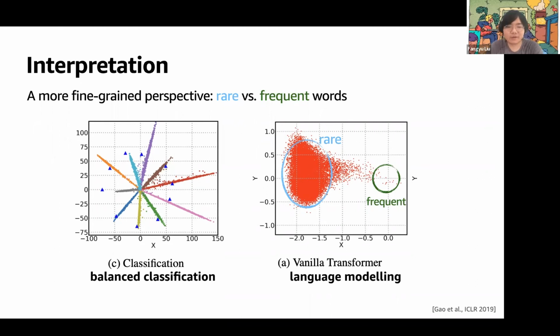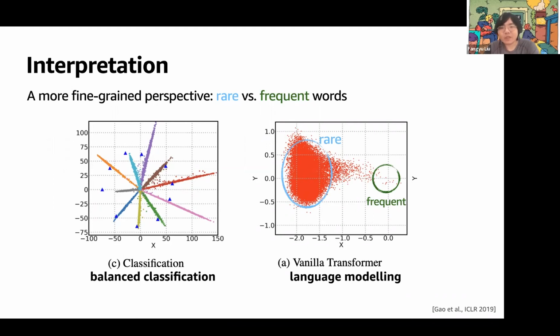But for language modeling, the embedding space usually looks like the right-hand side figure, where only a very few data points are around the zero point, but the vast majority of the data points are at the edge of the embedding space, in a very narrow cone.